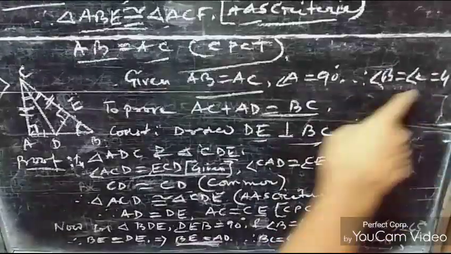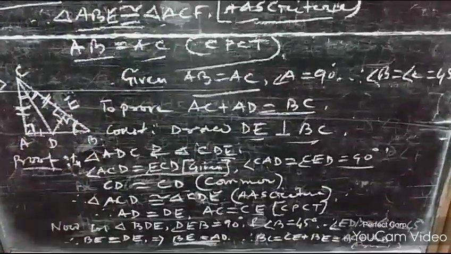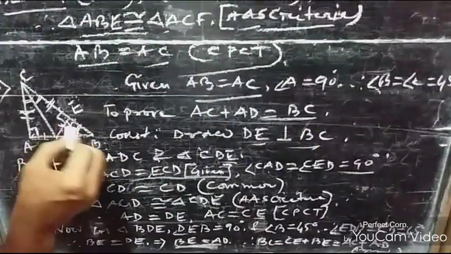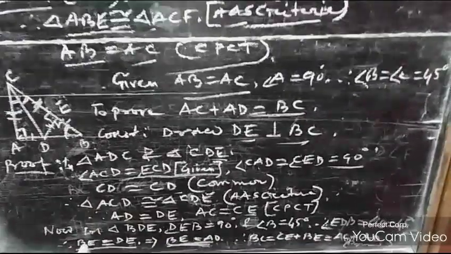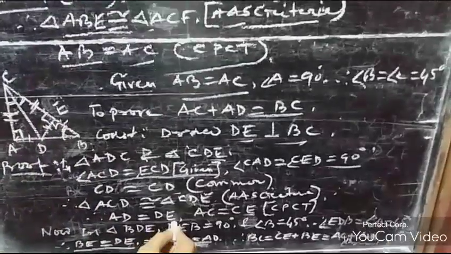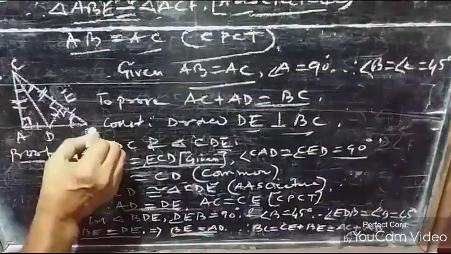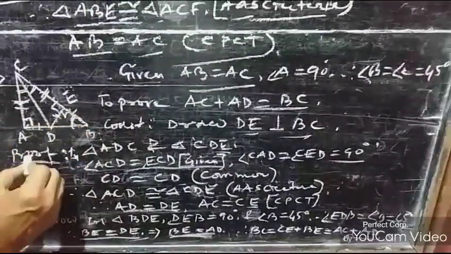Now in this small triangle BDE, this angle was actually 45 degree. This is 90, and this must be 45. So this will be an isosceles triangle whose DE equal to BE. Now AD equal to DE was there. Now BE equal to DE, then we can tell that BE equal to AD.